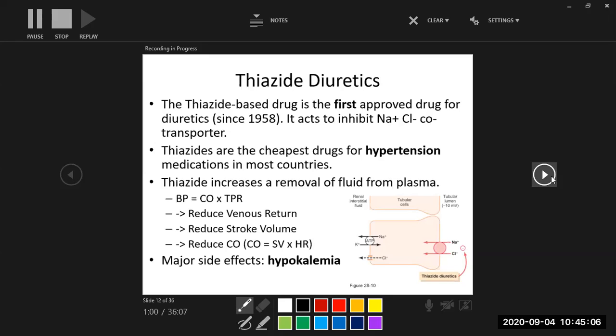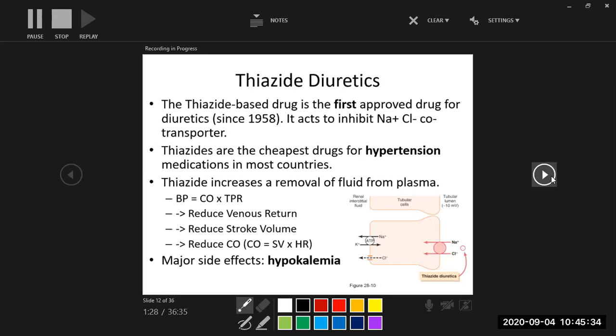This one you need to memorize. I didn't ask you to memorize the drug name for the other one, but this one you need to, because this is very, very common. This is the oldest drug to target the nephron channels to cause diuresis. And thiazide is still so popular in the world.